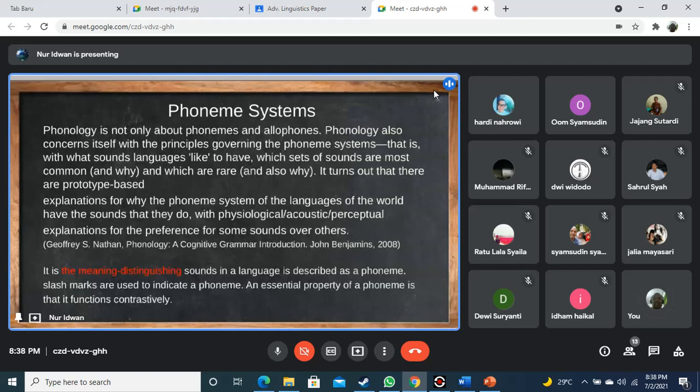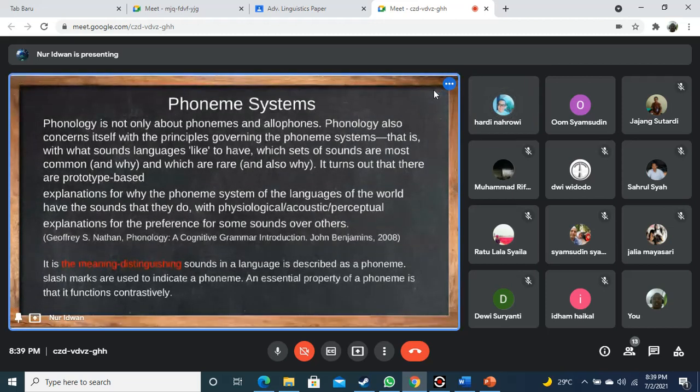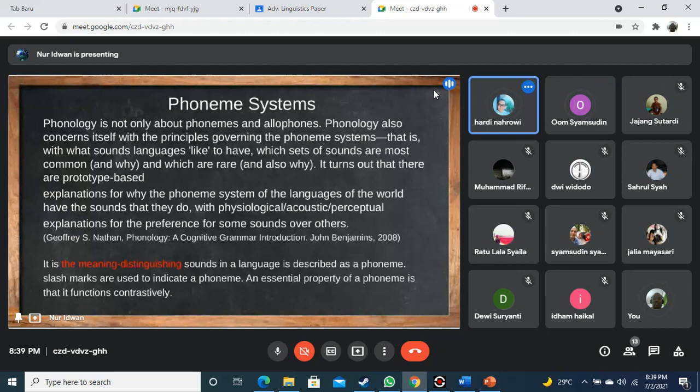It turns out that there are prototype-based explanations for why the phoneme systems of the languages of the world have the sounds that they do, with physiological, acoustic, and perceptual explanations for the preference for some sounds over others.